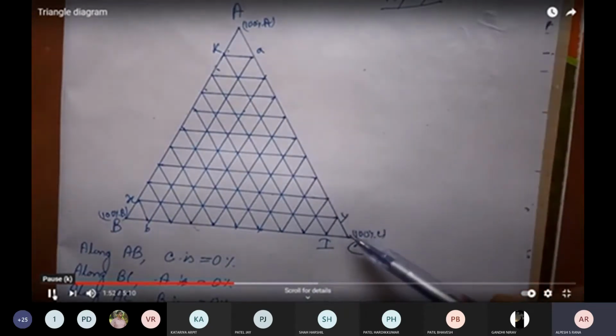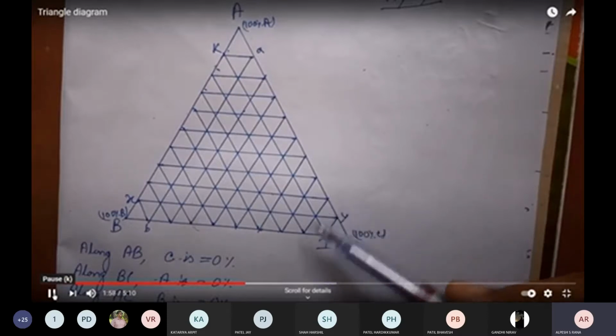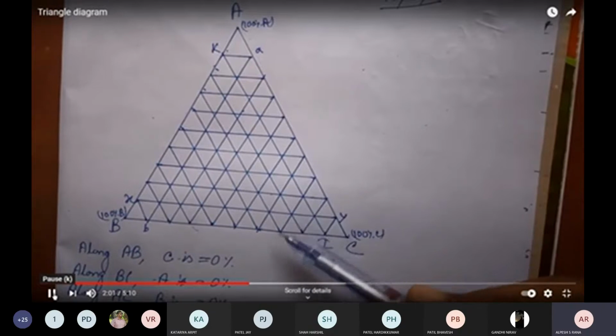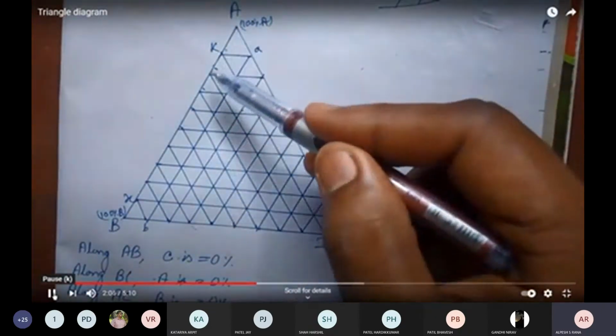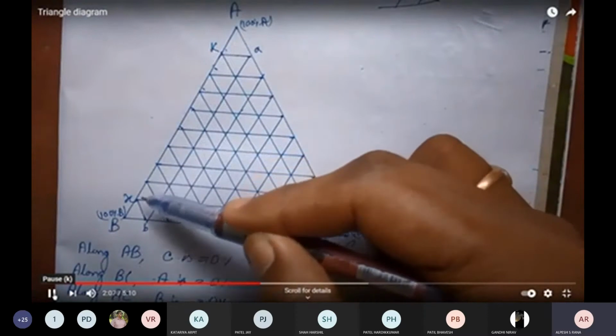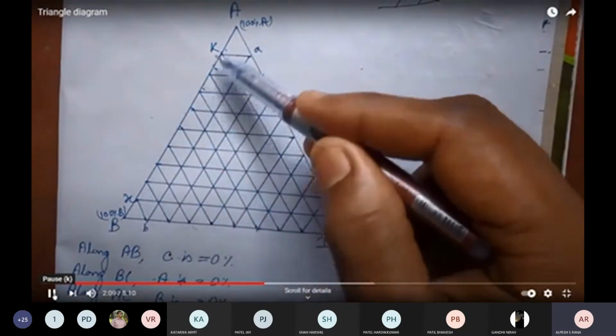Similarly, the concentration of C is 100% at this point, but it decreases along these parallel lines, and 0% concentration of C is found along the line AB.